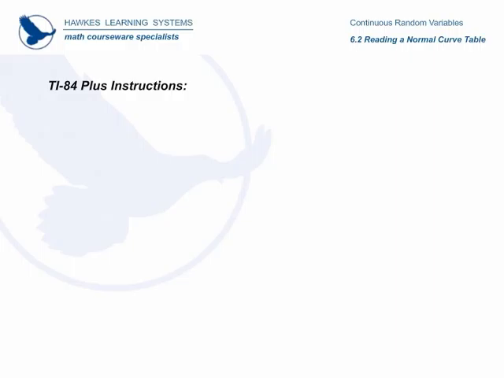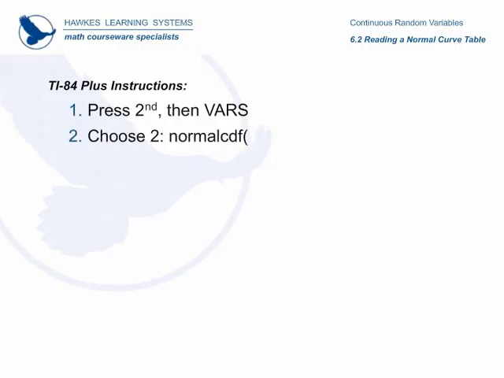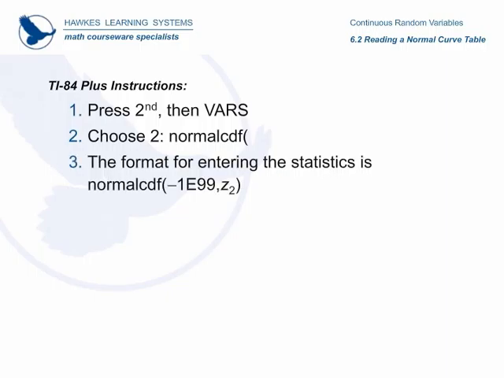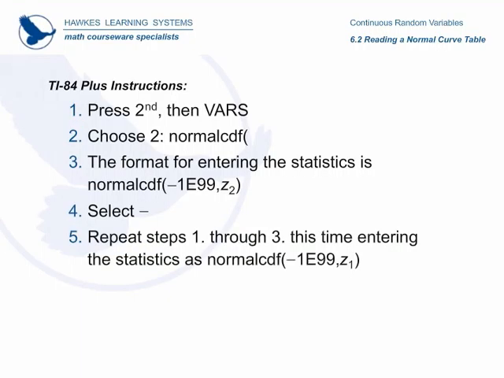Next, let's take a look at how we can use our technology, our TI-84 Plus. First, we would press the second key, then vars. Choose 2, our normalcdf. The format for entering the statistics is normalcdf(-1E99, Z sub 2). Then we would select a minus, and then repeat steps 1 through 3.